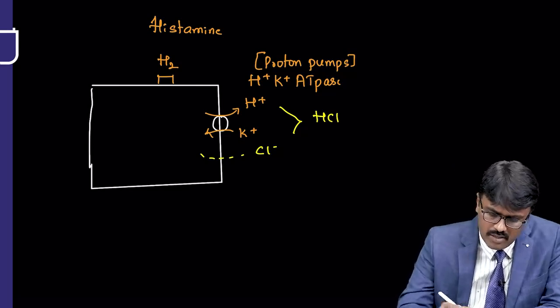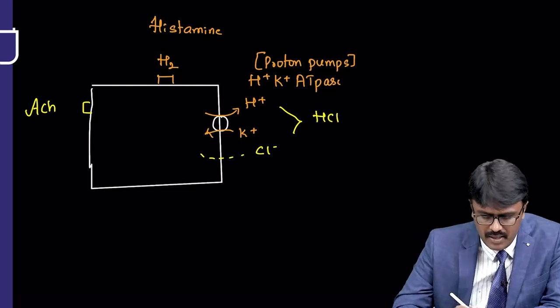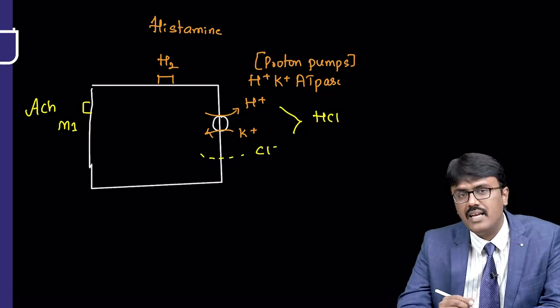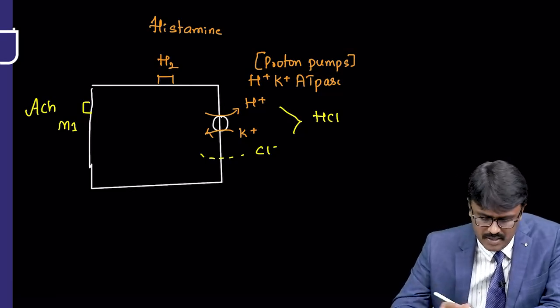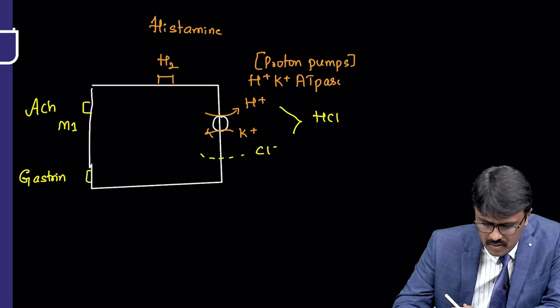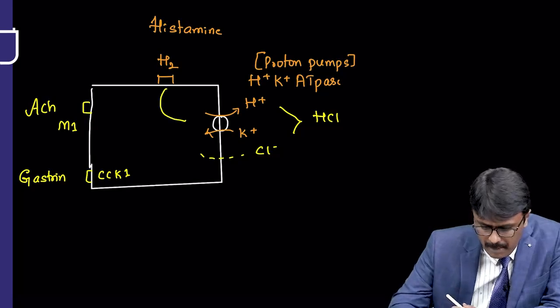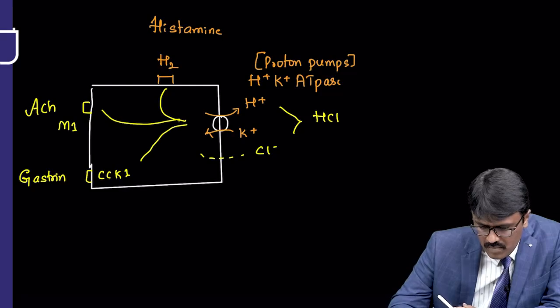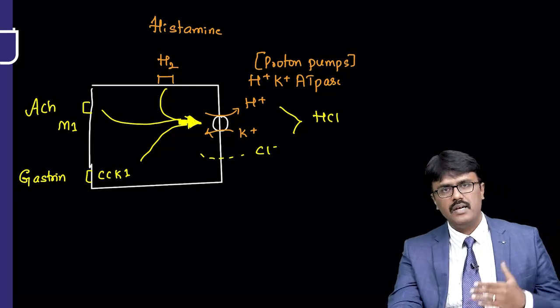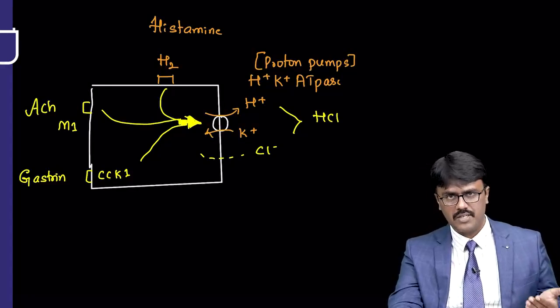Another important one is acetylcholine, which, by acting through the M1 receptor, can also increase HCl production. There is gastrin, which can act through a receptor called CCK1, cholecystokinin 1. Please remember, all these three increase the pump activity, and thereby they increase HCl production. Number 1, histamine. Number 2, acetylcholine. Number 3, gastrin.